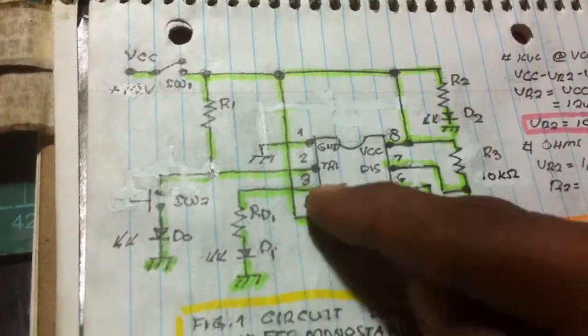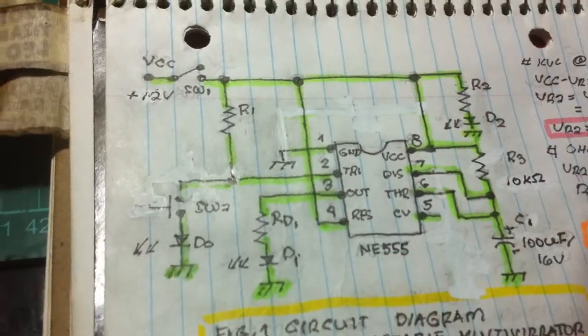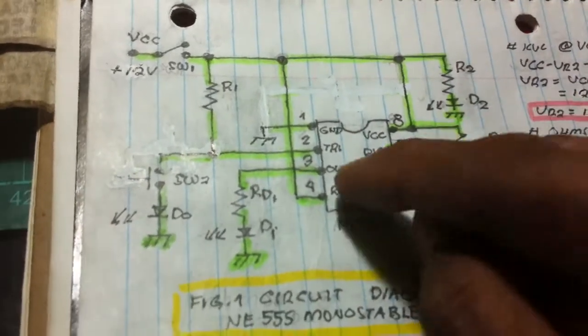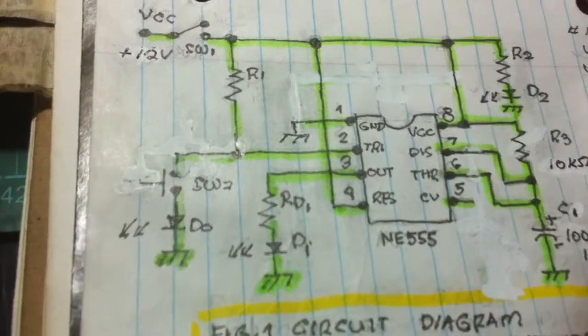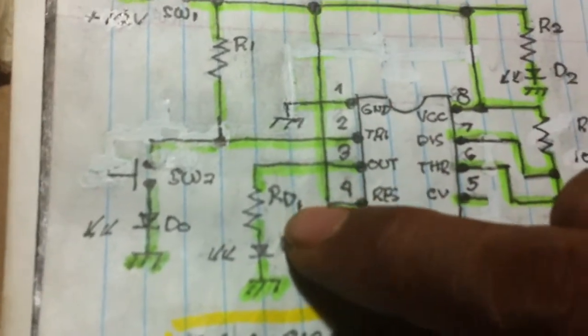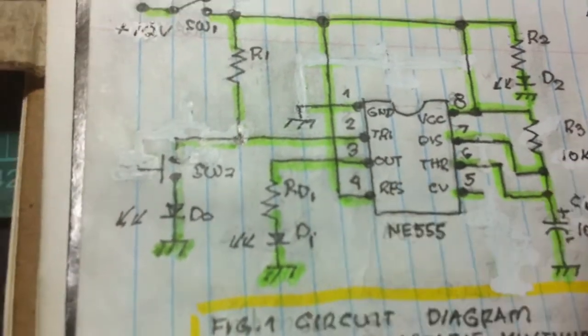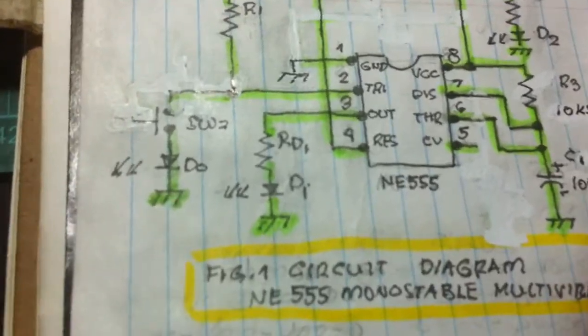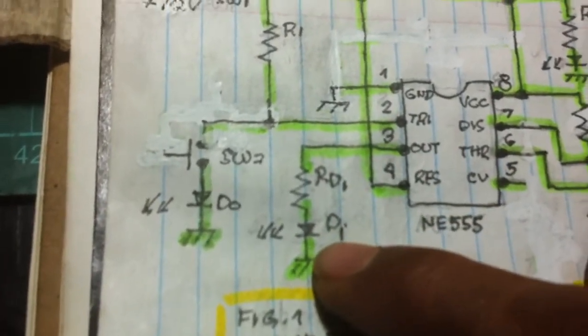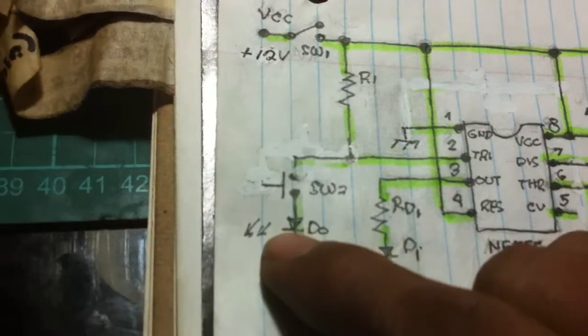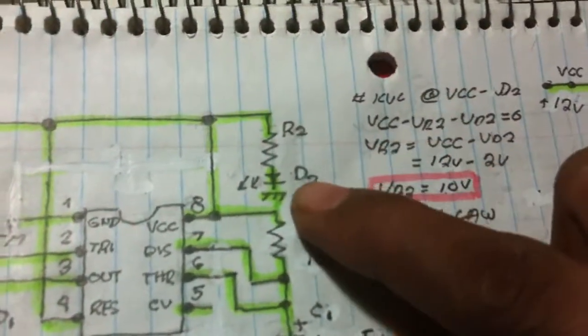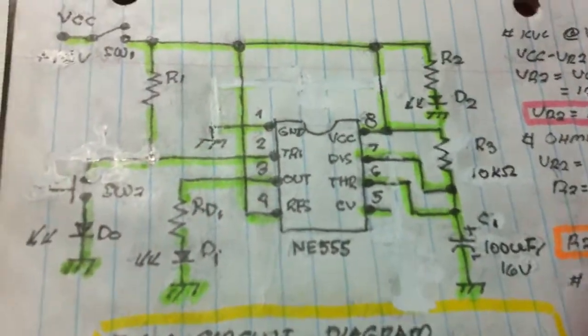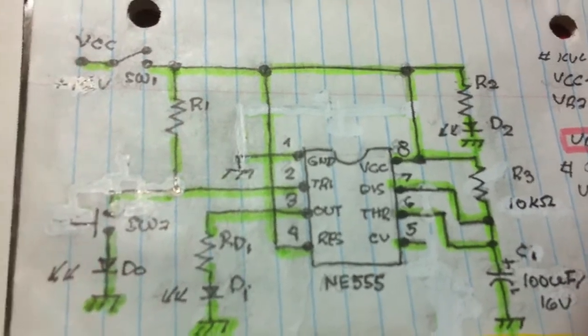And pin 4, the reset, always high to provide a continuous voltage supply. Pin 3 is the output. I don't have the value of RD1, we're computing that. And then we have this LED input, output LED. This is the input LED. This is the power on LED. And this is the circuit diagram.